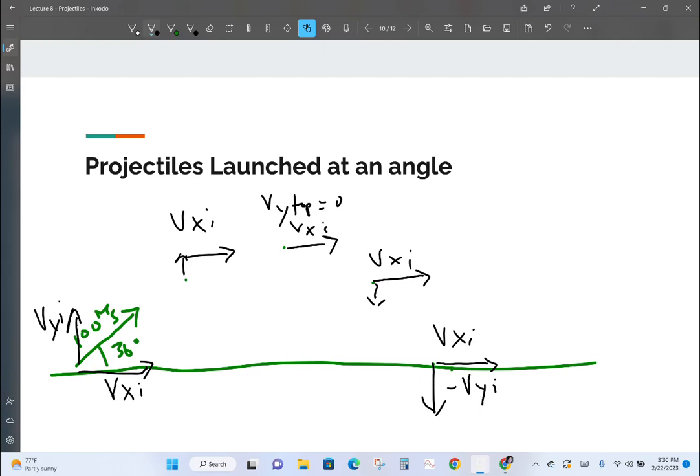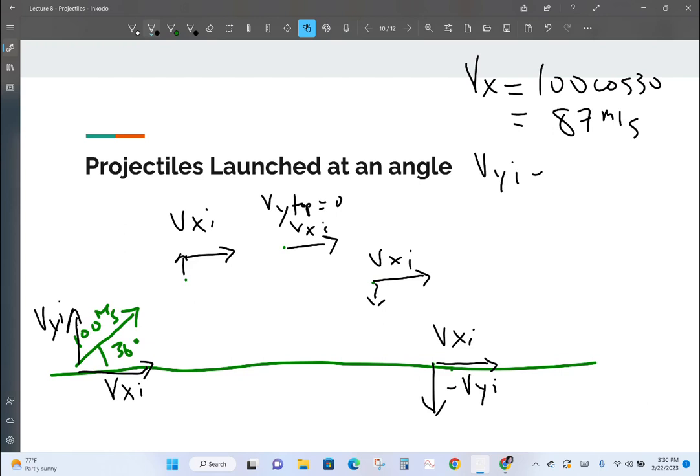Well, Vx is just going to be 100 cosine of 30, which is 87 meters per second. And Vyi is going to be 100 sine of 30, which is 50 meters per second.